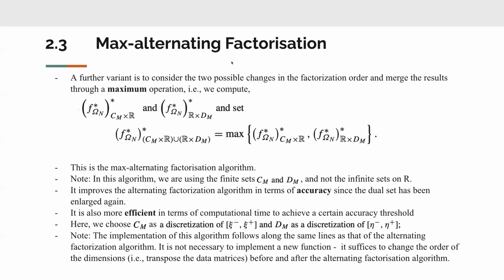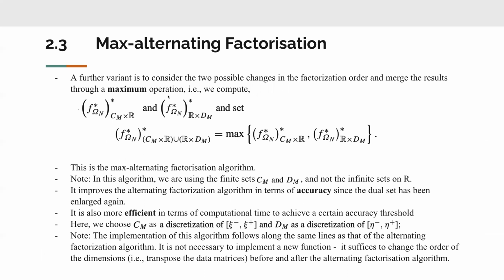And next, the last algorithm for this paper is the max alternating factorization. It's basically a variation of the alternating factorization. It changes the factorization order, and in order to get the result, it merges the results with a maximum operation. So let's say you compute this first, and then you compute this.